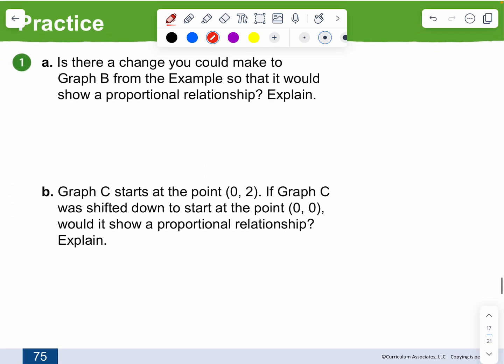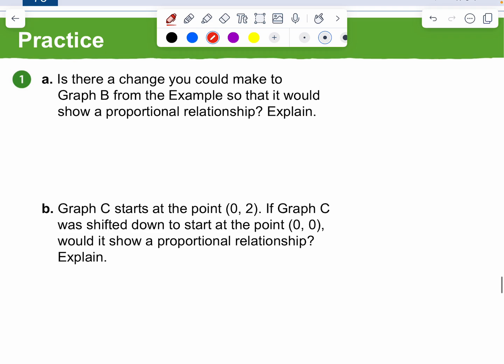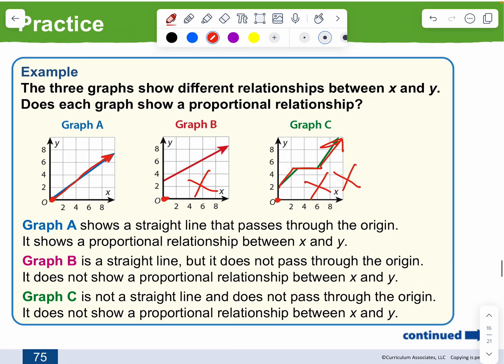We're going to look at those graphs again. For number 1, is there a change you could make to graph B from the example so that it would show a proportional relationship? What could you do to graph B so that it could be a proportional relationship? What if we moved it down? Would that be a proportional relationship?